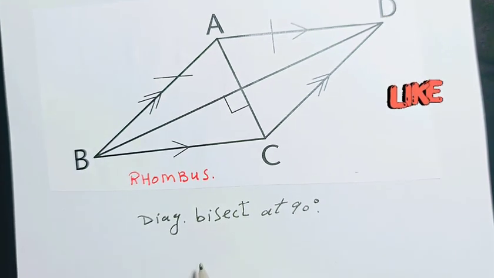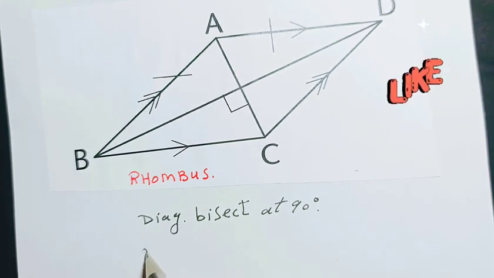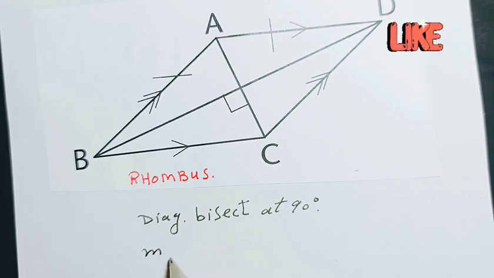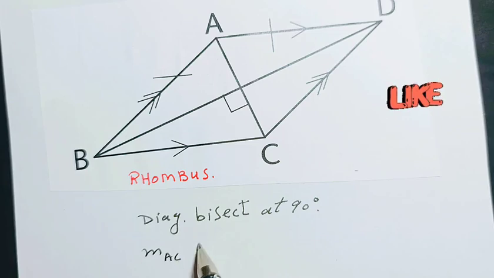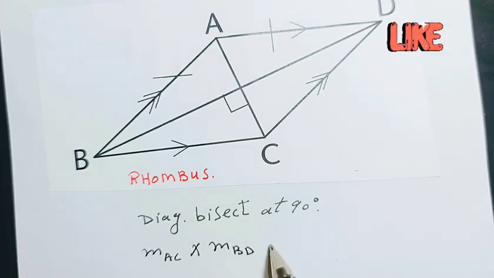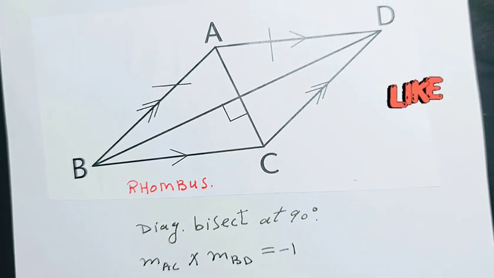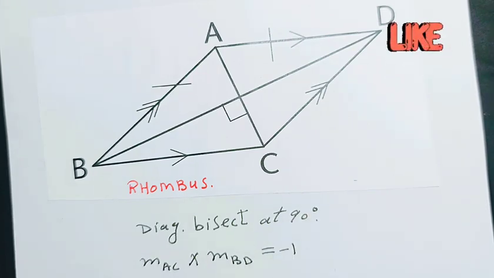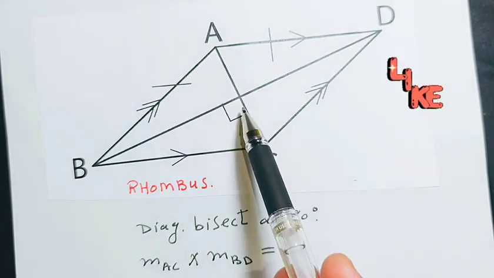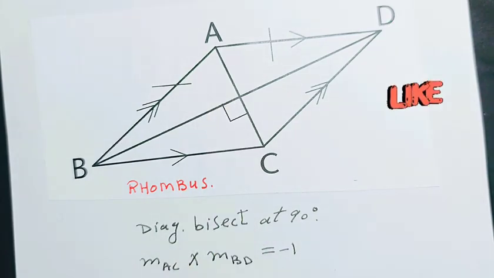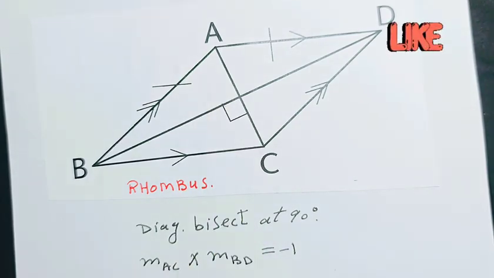So in this case, the gradient of AC multiplied by the gradient of BD must be equal to -1. If you multiply both gradients and the answer comes equal to -1, then we can say they bisect each other at 90 degrees. Then we can say this is a rhombus.